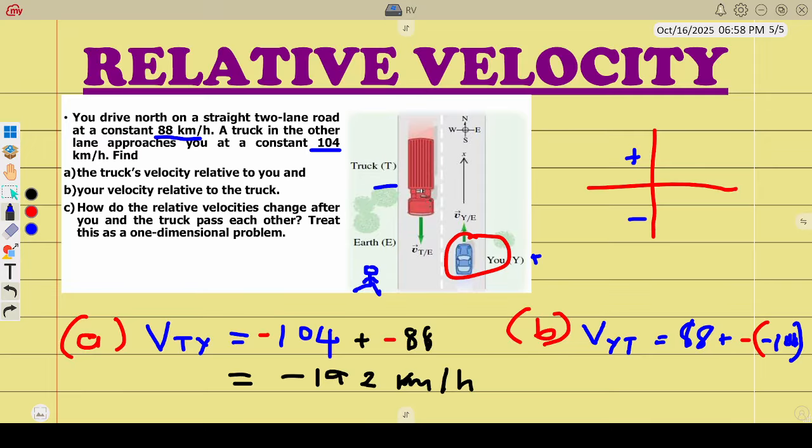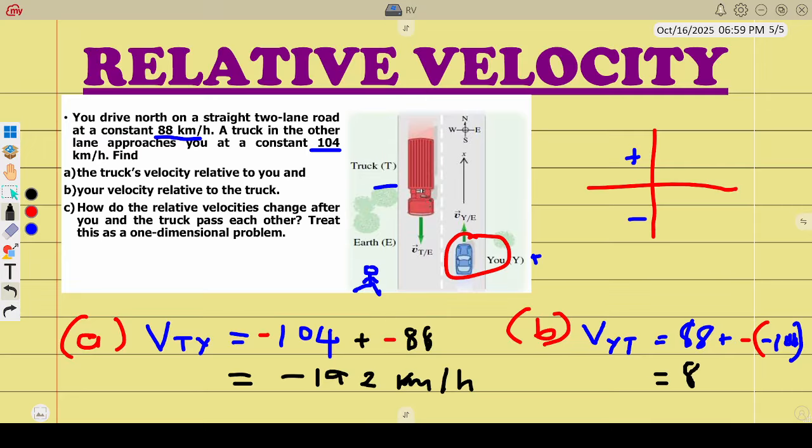In this example, the 104 will always be negative in this scenario because it is going in the negative y-axis. And for this other negative, we're subtracting because the truck is moving in the opposite direction, the same way it was here.